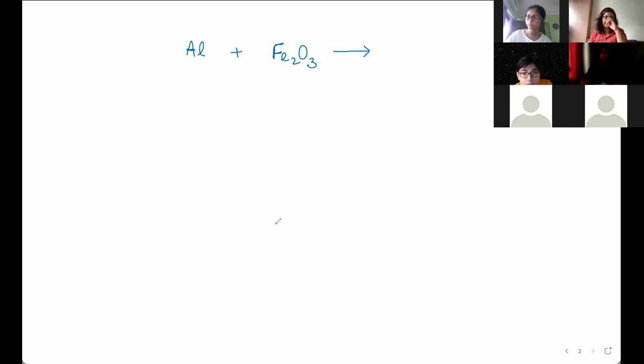If anyone needs the reactivity series, let me know, I'll just quickly display it. Otherwise, work this out and send it. Ma'am, we have to balance it as well.